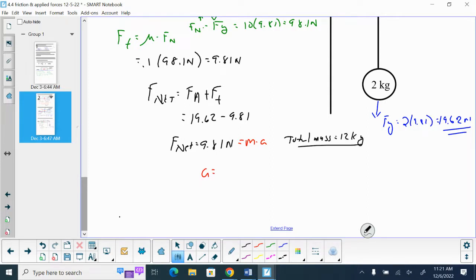So our total mass that is moving here is 12 kilograms. So we can divide both sides by 12. We have 9.81 divided by 12, which gives us an acceleration of 0.82 meters per second squared.